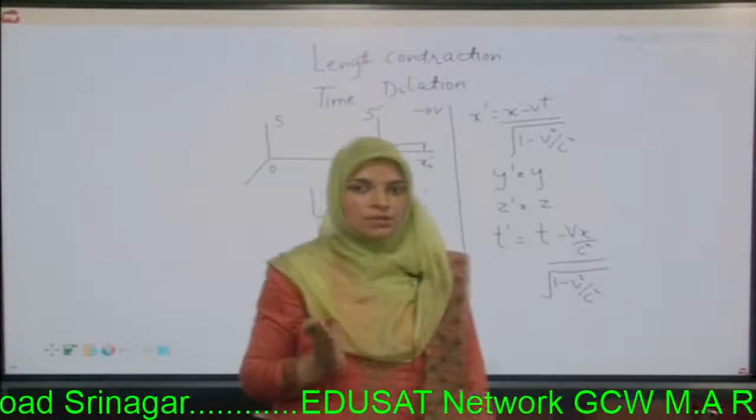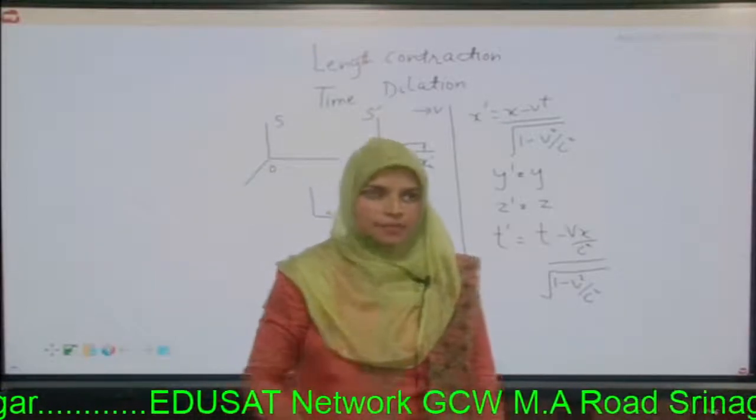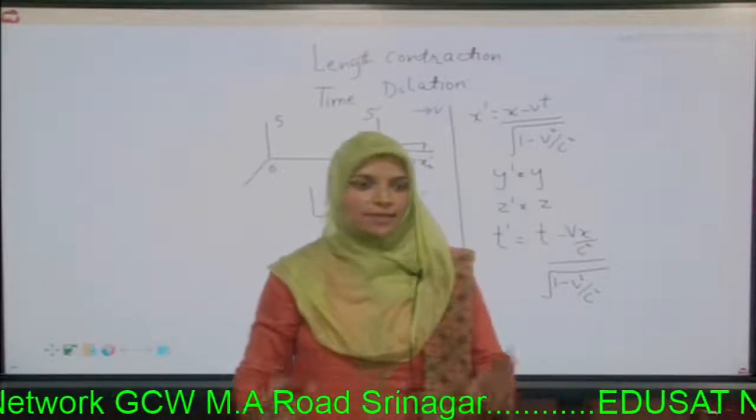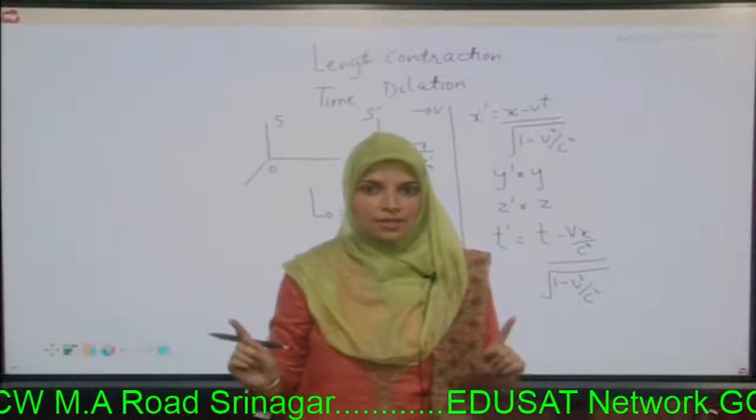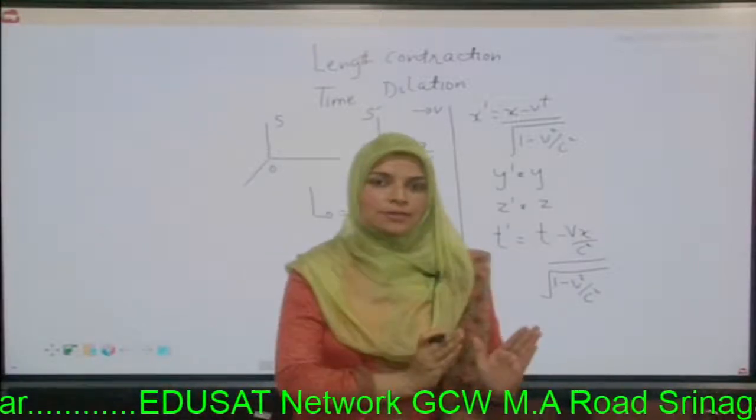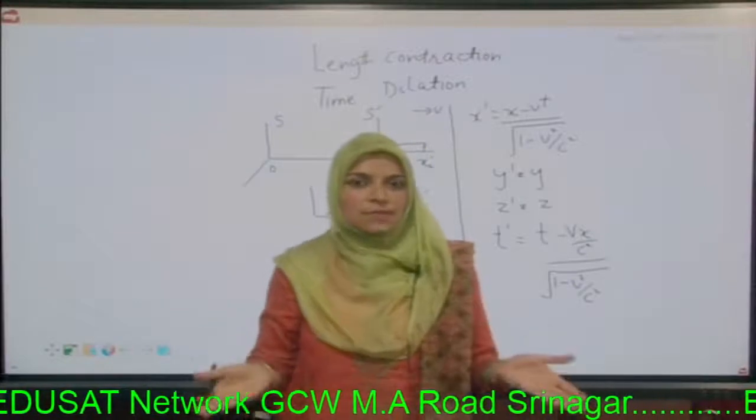Here I want to take a pause and make you understand one important thing. Suppose I am standing at a rest frame of reference and I intend to find the length of a rod or a table or a chair. What I do is find the coordinates of one end and then the other end, and then I subtract the two. That gives me the length.